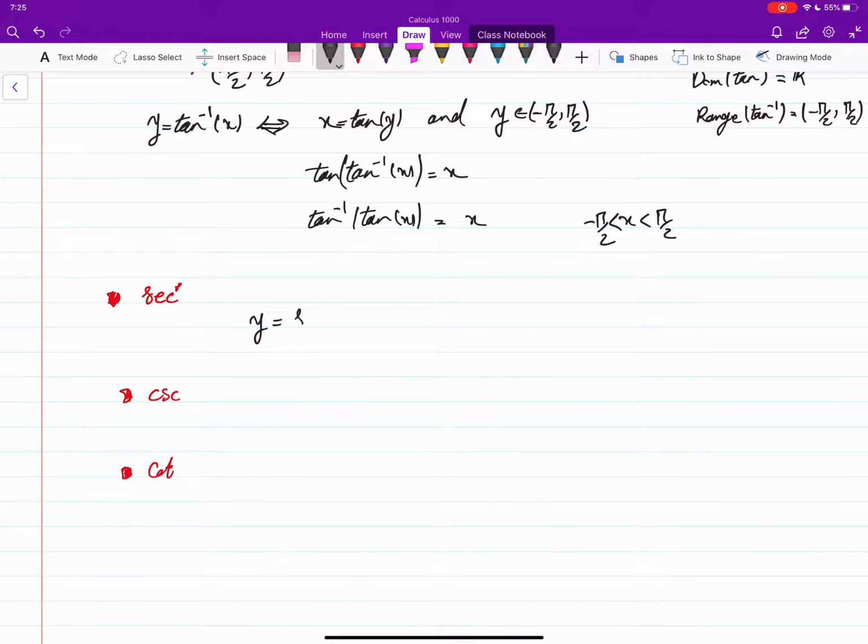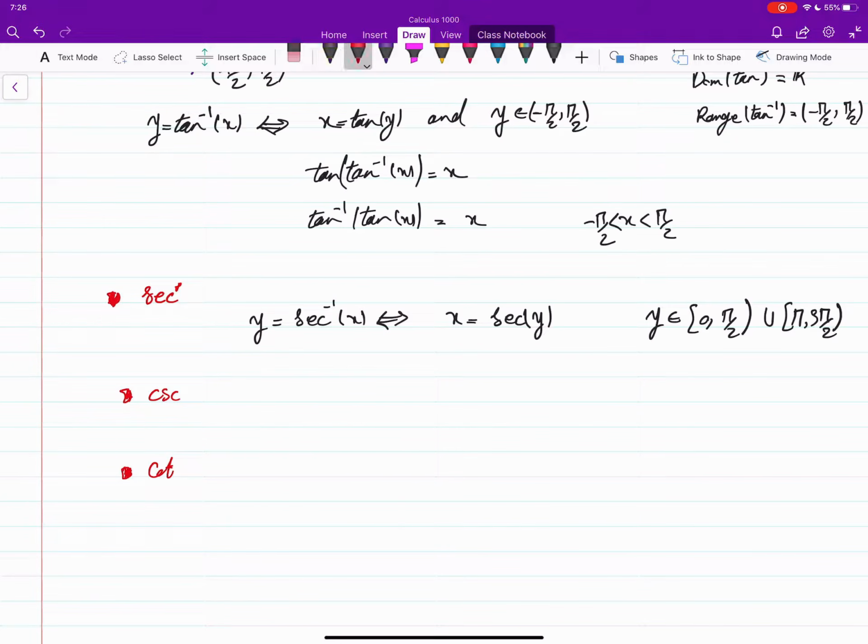The way they're defined is exactly the same as the other ones, with one difference: what interval you are taking. For example, for secant, there are several possibilities. You can take more than one, but the one we are going to fix as our convention is 0 to pi over 2 and pi to 3 pi over 2. This way it will get both positive and negative values.